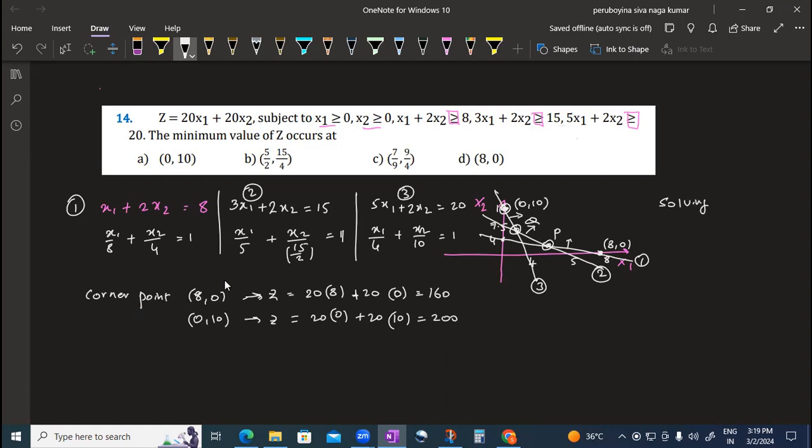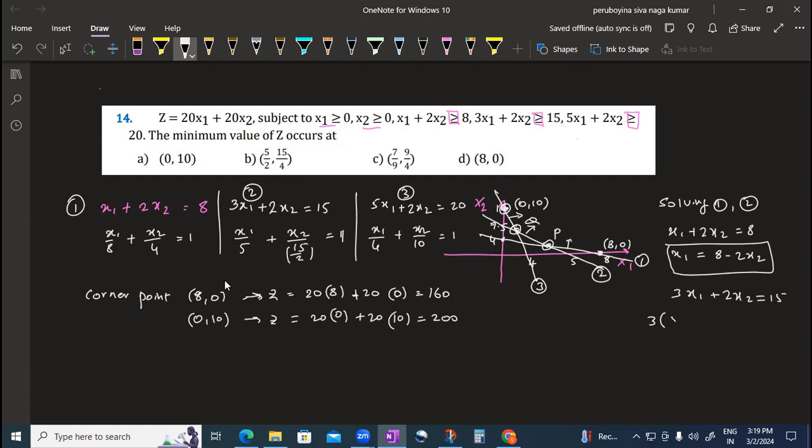So solving 1 and 2. 1 is x1 plus 2x2 is equal to 8. So x1 is equal to 8 minus 2x2. And the second equation is 3x1 plus 2x2 is equal to 15.